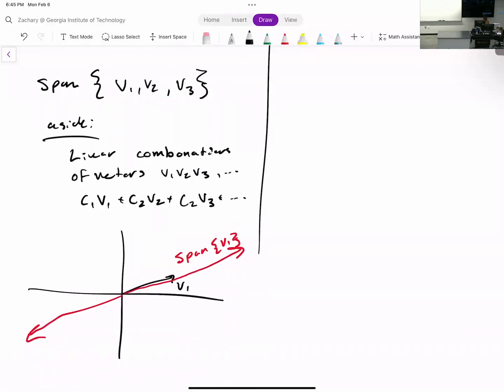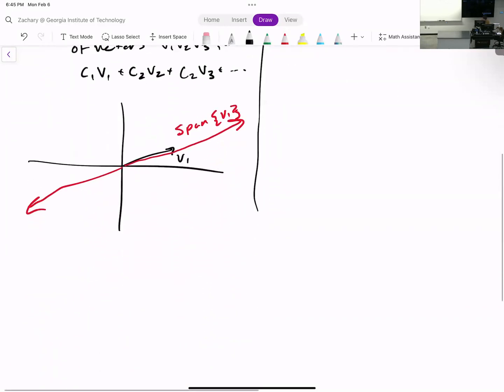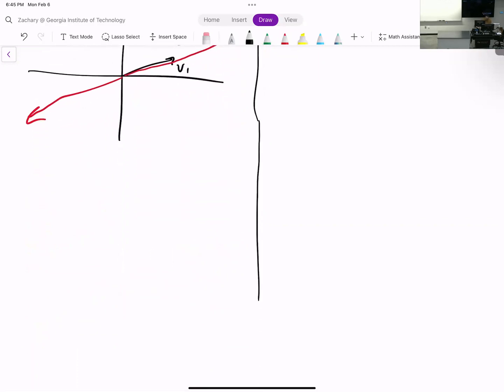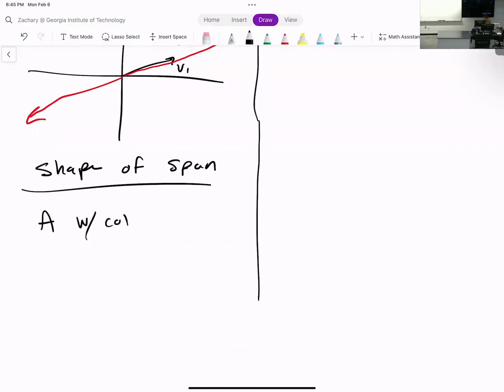So, going on in terms of span, one of the biggest things you need to know is what is the shape of span, okay? So how can you always determine what the shape of a span is of a matrix? A question would be written as: given a matrix A with column vectors V1, V2, okay?